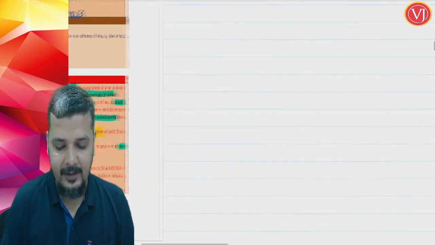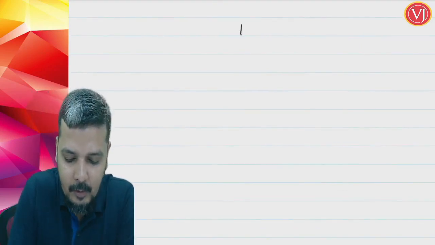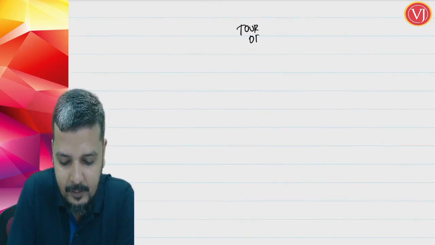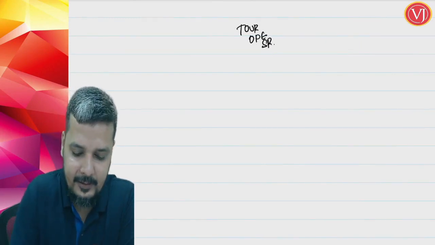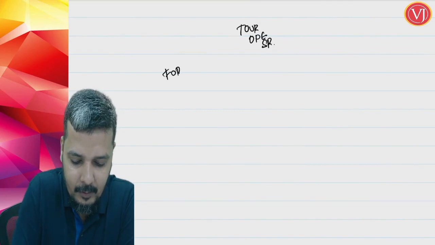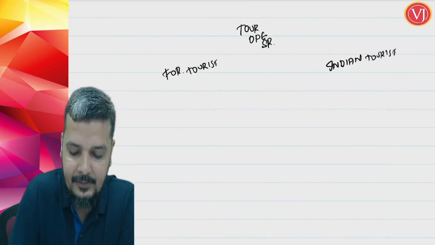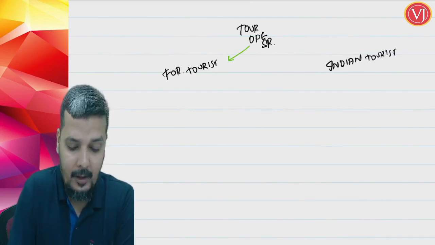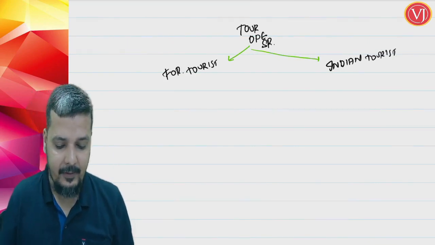Now let us understand this exemption with this chart. If you are talking about tour operator services, just bifurcate them. First, you are talking about a foreign tourist, and then an Indian tourist. You are not a foreign tourist, you are an Indian tourist. For a foreign tourist, things are different; for an Indian tourist, things are different.